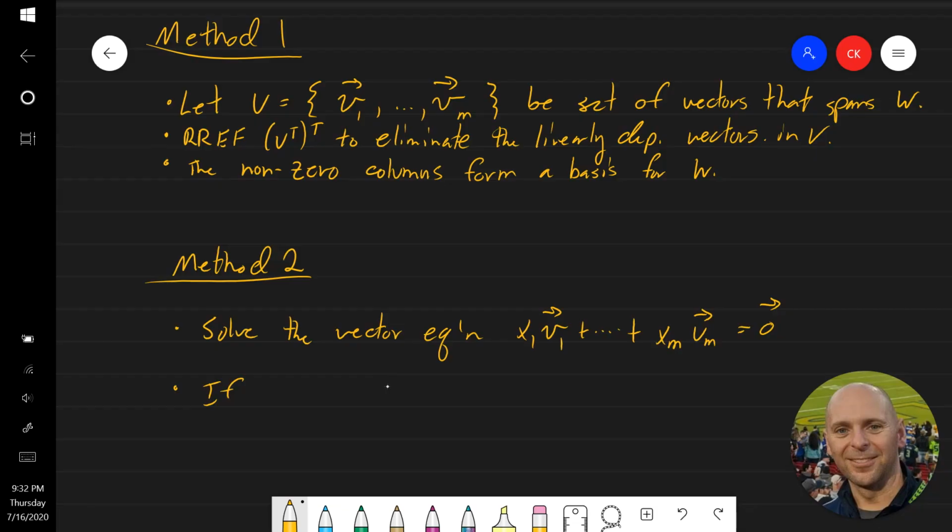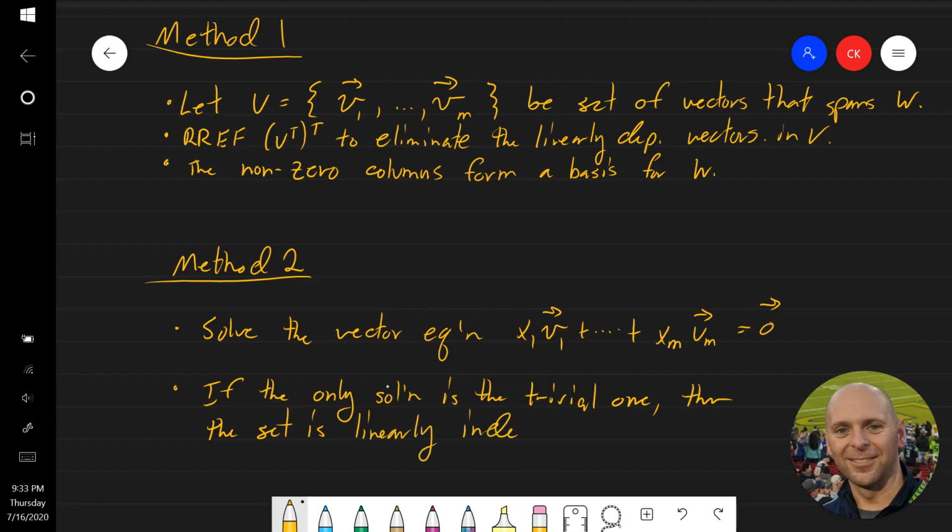If the only solution is the trivial one, you guys should know the answer to this, then the set is linearly independent. And therefore, the set is already a basis for W.